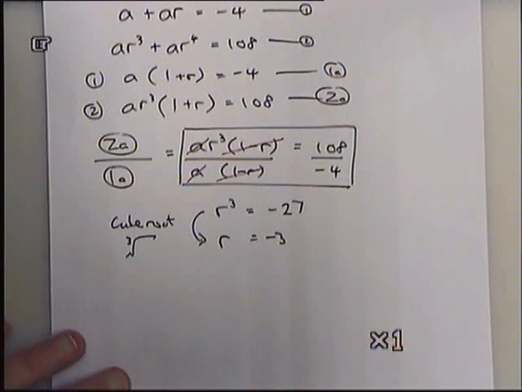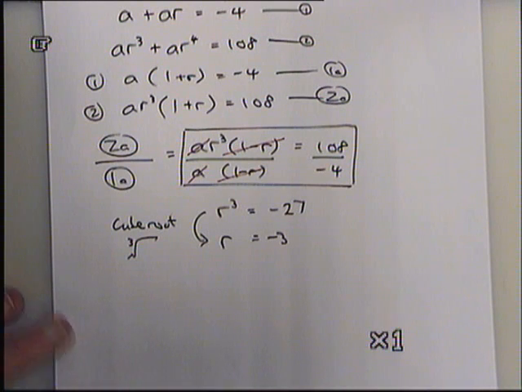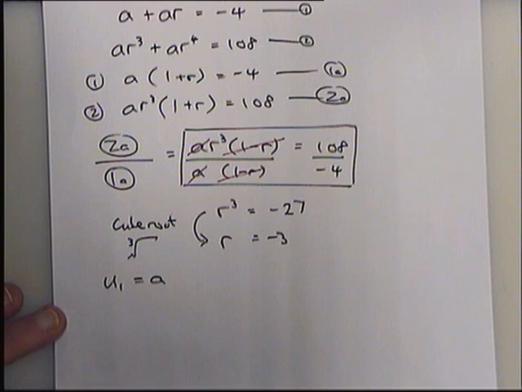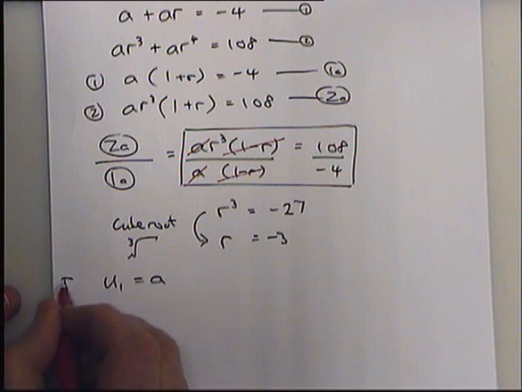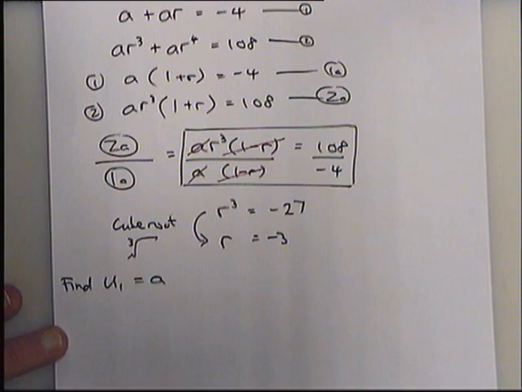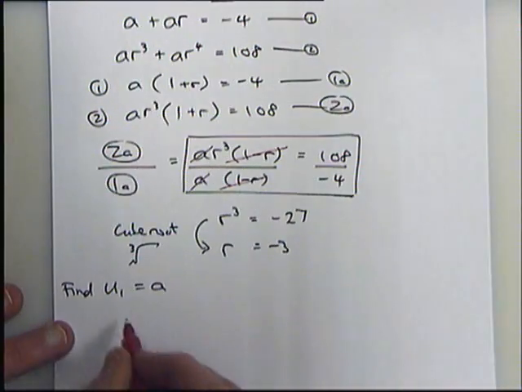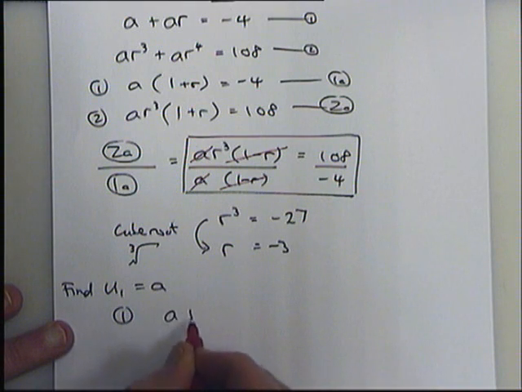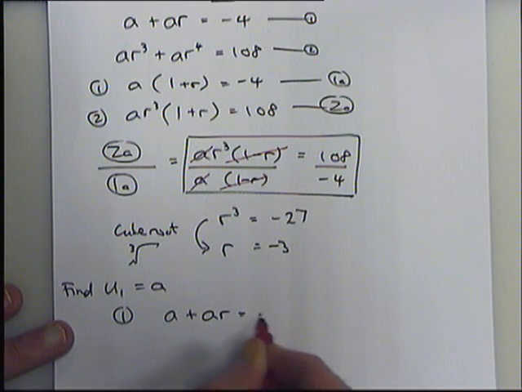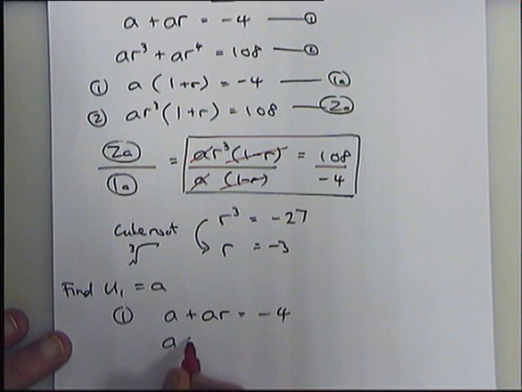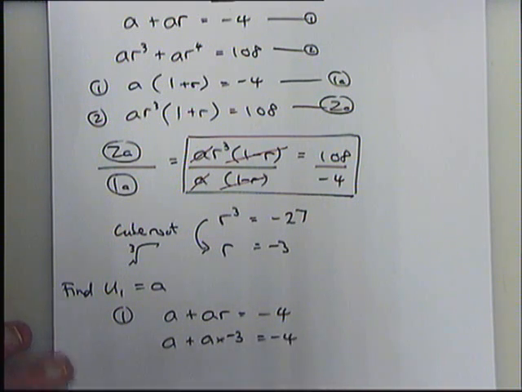Now the question said I had to find u1 and r. Well, I found r, so finding u1, remember u1 is the same as a. So that's what I've got to find now. If I go for my equation 1 up here, which is the simplest of my set of equations, equation 1 was a plus ar equals -4. Well, I now know that r is -3. So I can rewrite this as a plus a times by -3 equals -4.